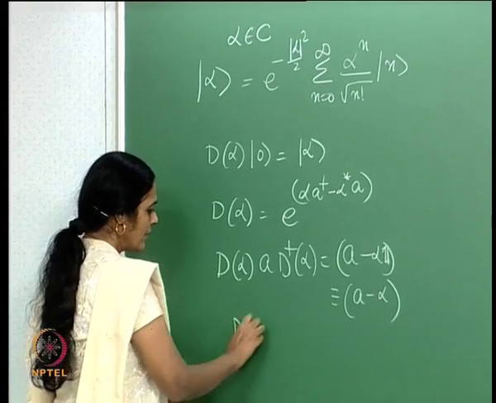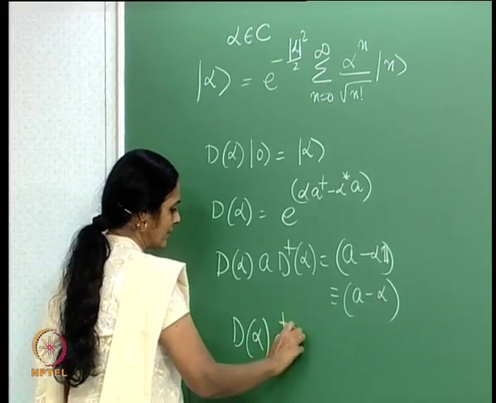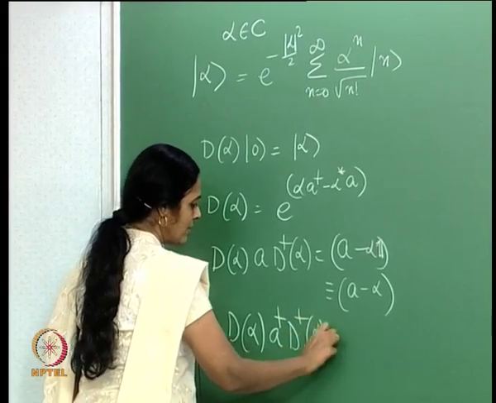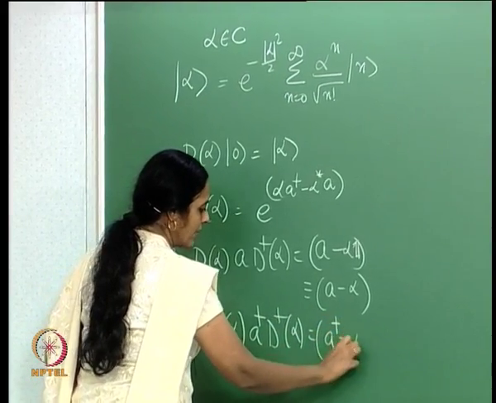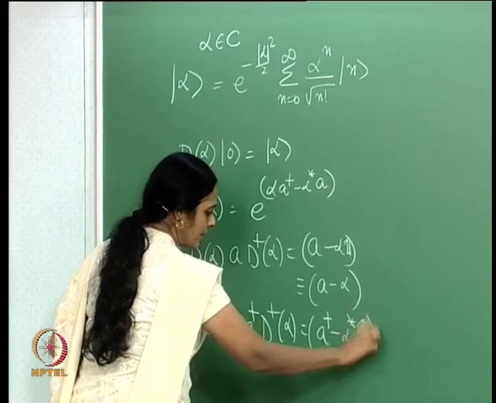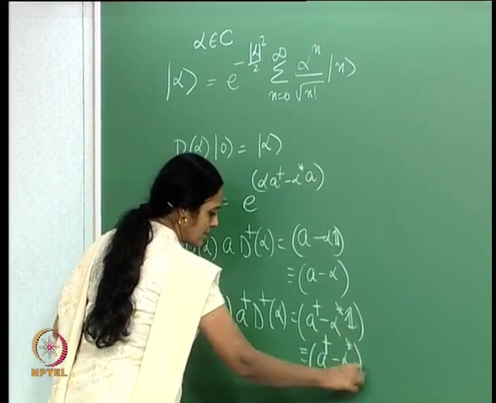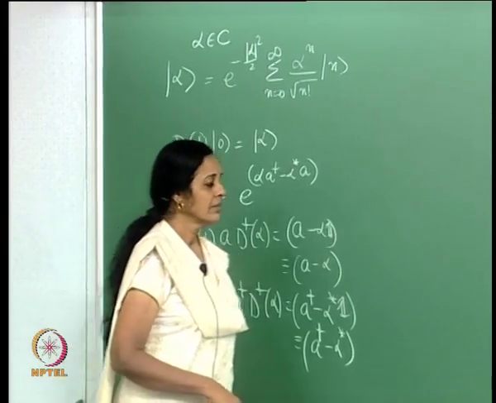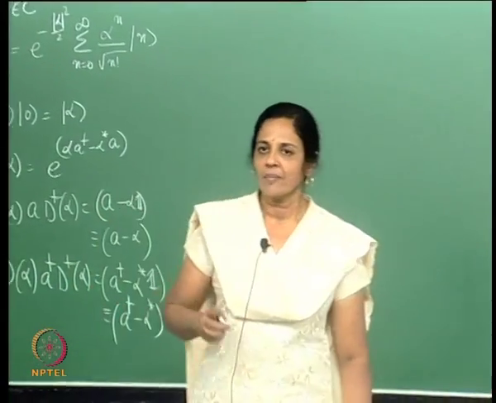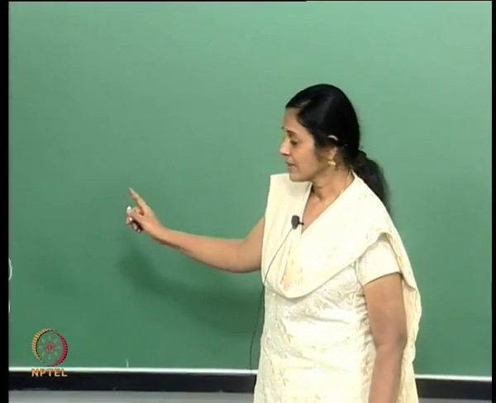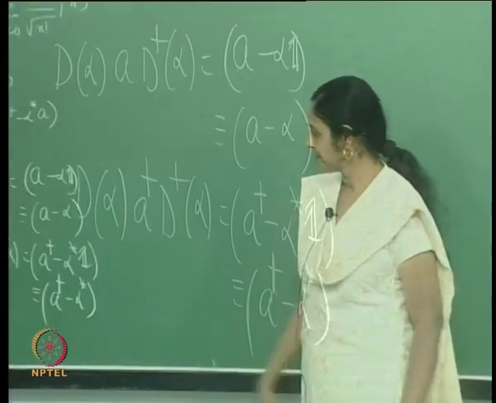Similarly, D of alpha a dagger D dagger of alpha was a dagger minus alpha star times identity. Once more I will write this as a dagger minus alpha star. So to begin with, I wish to establish these identities.